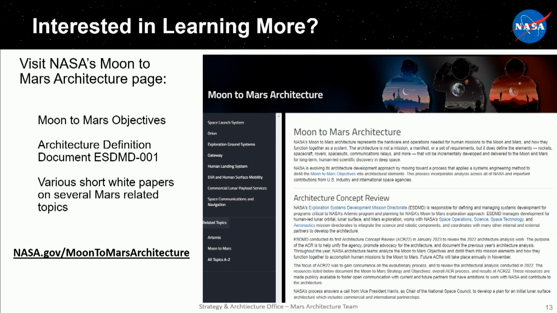And fundamentally, I harp back to the 3 pillars of exploration, right? Science: we are engaging with the scientific community to help us understand what the objectives are and what the requirements are, to help us understand what we need to do on the surface of both Moon and Mars to help achieve those scientific objectives.